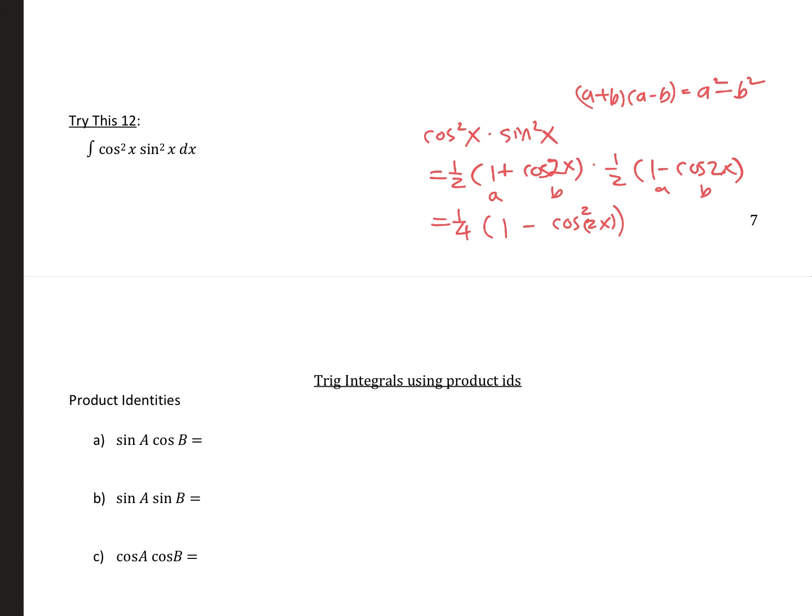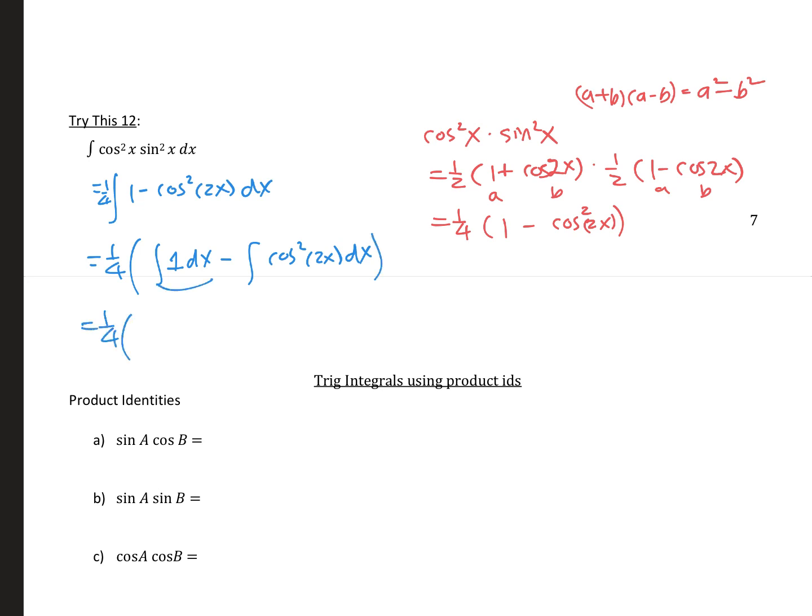Okay, so I can rewrite the original question as 1/4 (1 minus cosine squared of 2x) dx. So that's 1/4 times the integral of 1 dx minus cosine squared 2x dx. So this is just going to be x minus, I can use the half-angle formula again.